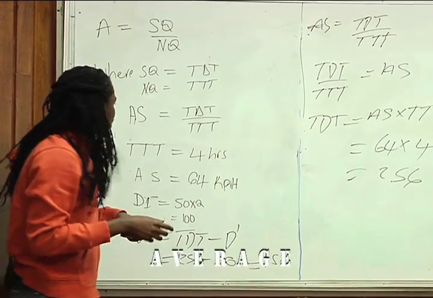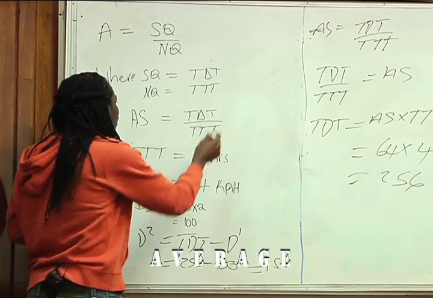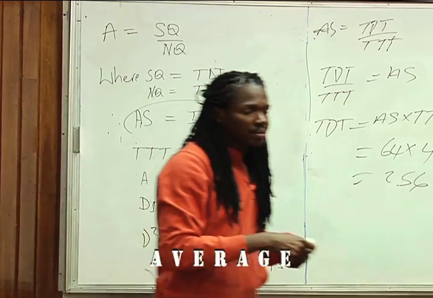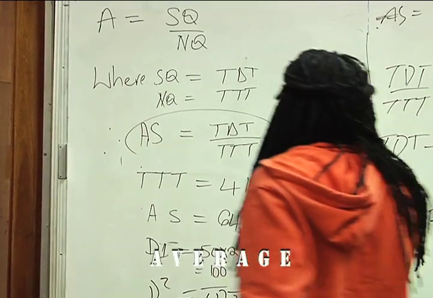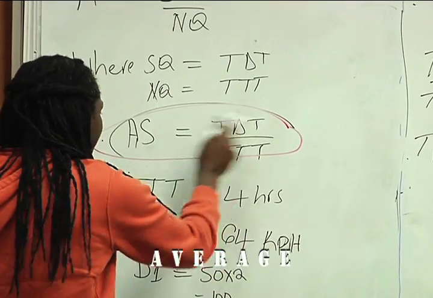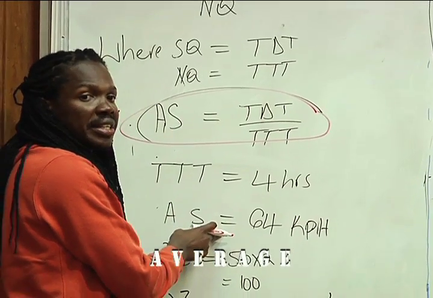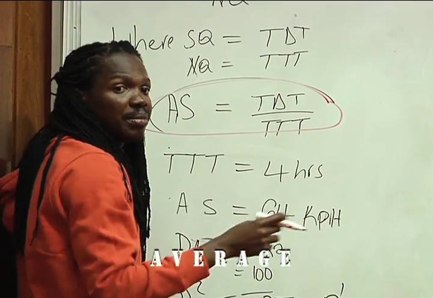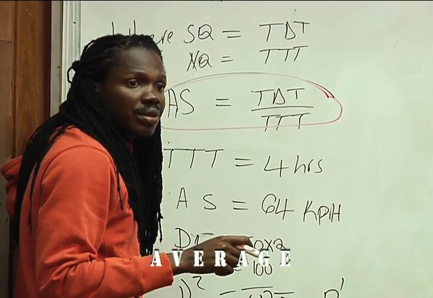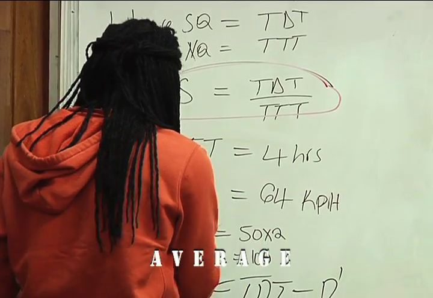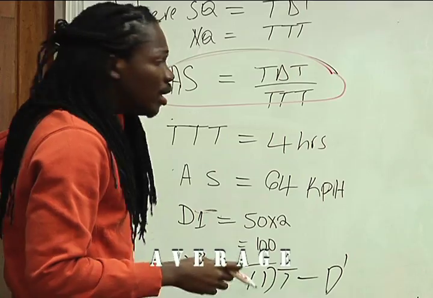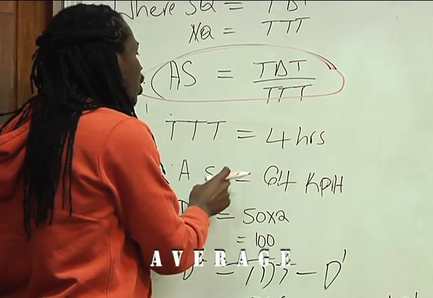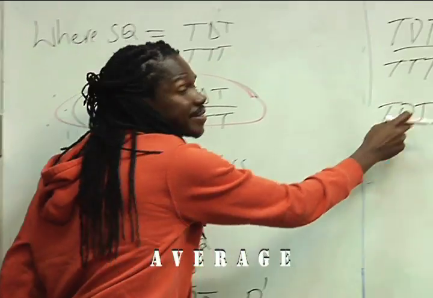What did they give us out of this? Out of this, they gave us the average speed, 64 kilometers per hour, the question told you. They also told us that it took 4 hours. So I can use this to work out what is my TDT.